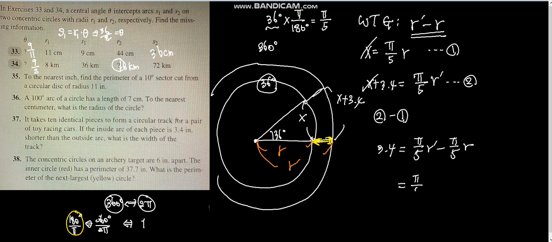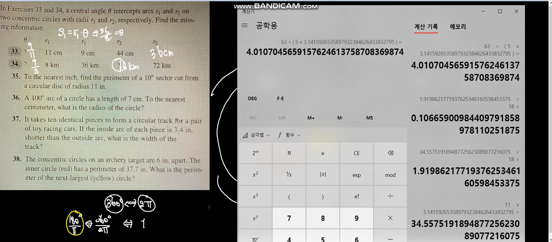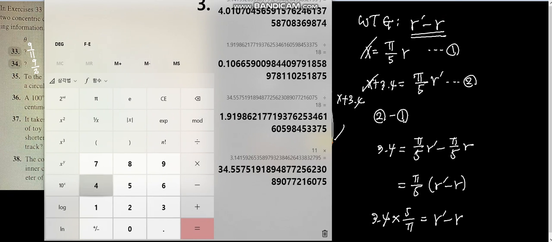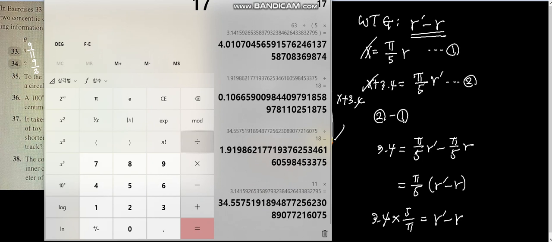Therefore, if you group this with pi over 5, you're factoring out pi over 5, then r prime minus r. Therefore, r prime minus r is 3.4 times 5 over pi. So this is the answer. So if you fully calculate this, you need to multiply 3.4 by 5, and divide this by pi.